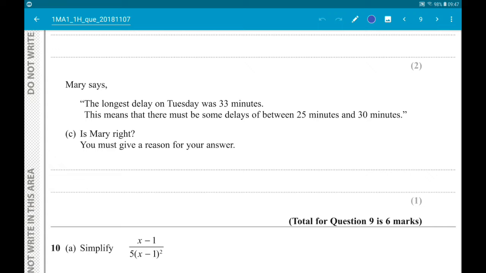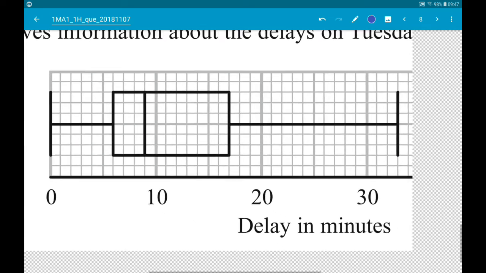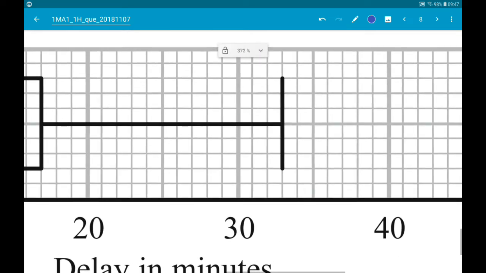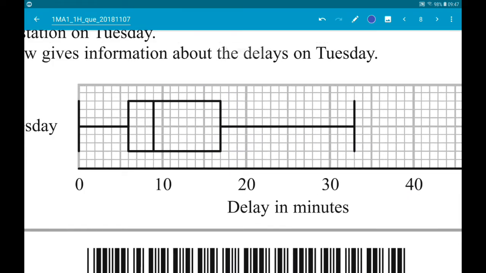Is Mary right? You must give a reason for your answer. Okay, let's check that the 33 is right. Okay, so that's right. Now then, is she right in what she is saying?